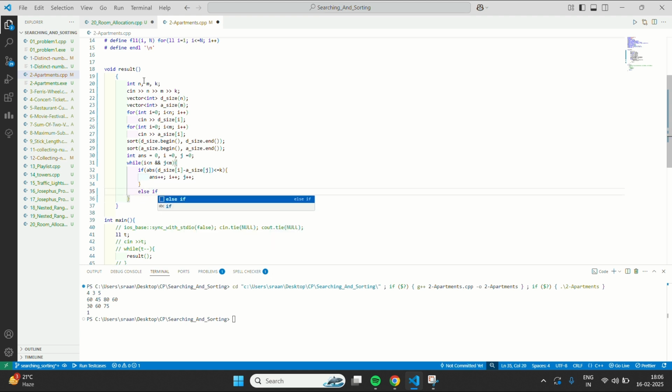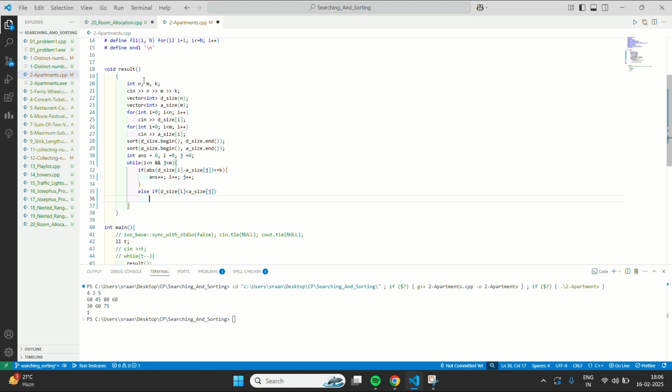After that, if this particular customer cannot be satisfied with this apartment, then there could be two scenarios. Either the desired size of the ith customer is less than the apartment size of the jth apartment. In that case, we will move to the next customer.